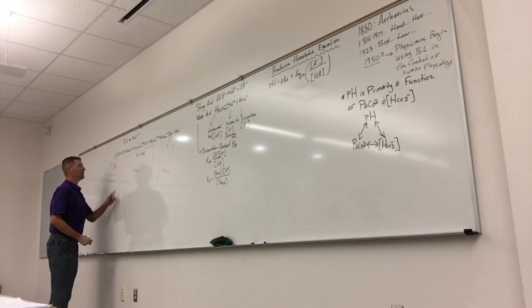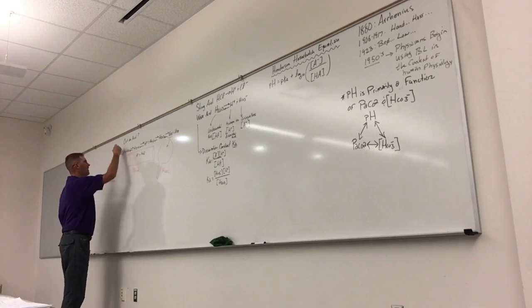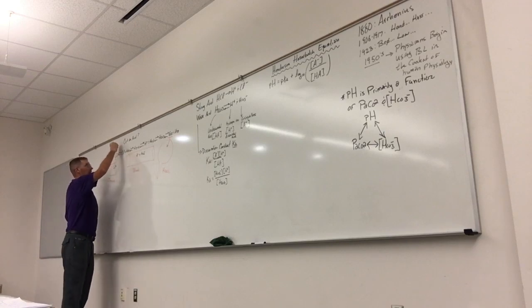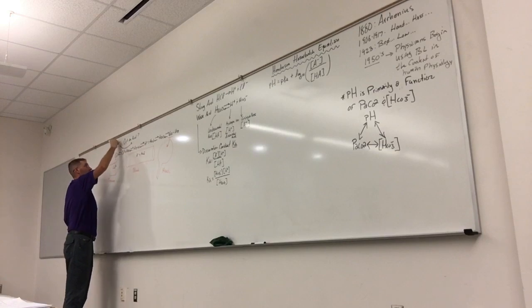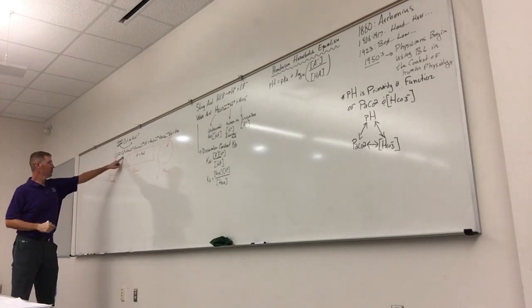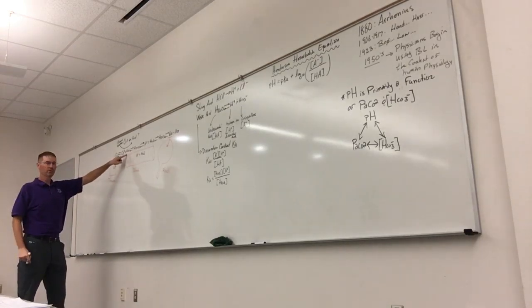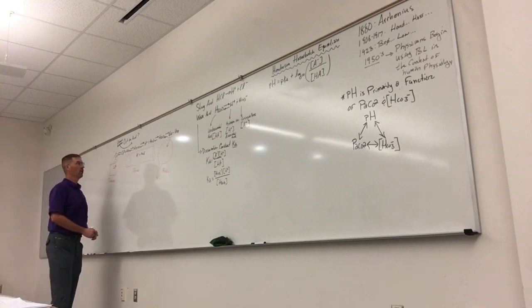So what happens is carbon dioxide combines with water, CO2 plus H2O, and there is an enzyme in the body that catalyzes this chemical reaction, known as carbonic anhydrase. So CO2 combines with H2O to produce a new molecule, H2CO3.